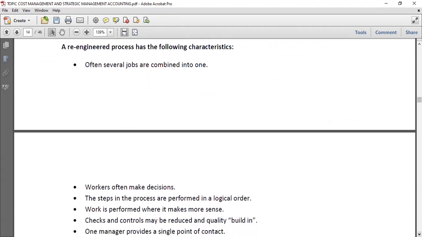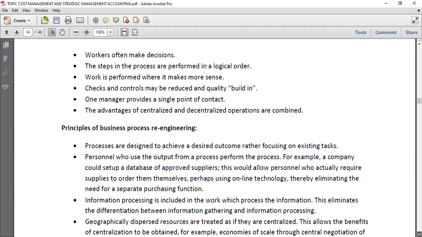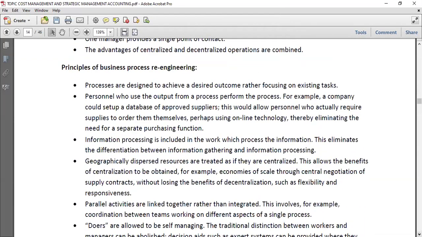So as you can see, it also has different characteristics, which we have listed here, okay? So you'll be able to take some time to read these through, as well as the principles to achieve its success, okay? As you can see, processes are designed to achieve a desired outcome rather than focusing on an existing task.